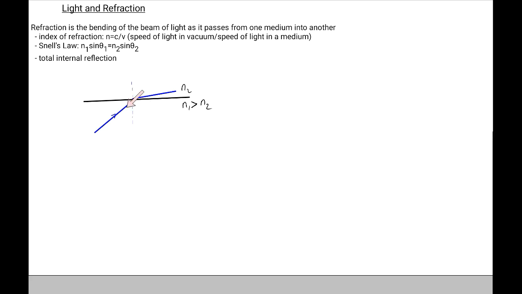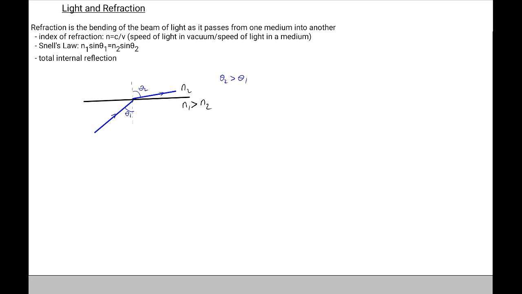This angle will be smaller than that angle, and I'm going to call them something. So let me put an arrow on this. This will be angle theta 1, this will be angle theta 2, and theta 2 is larger than theta 1.